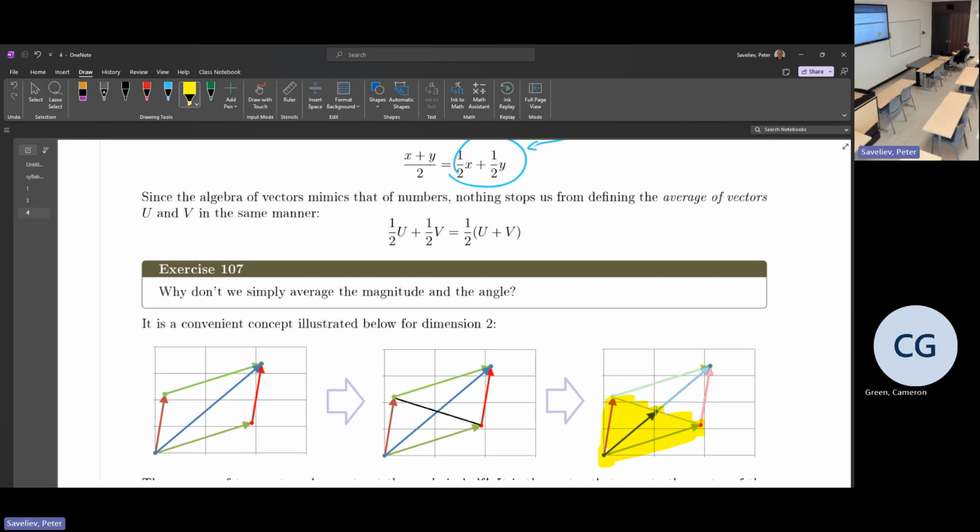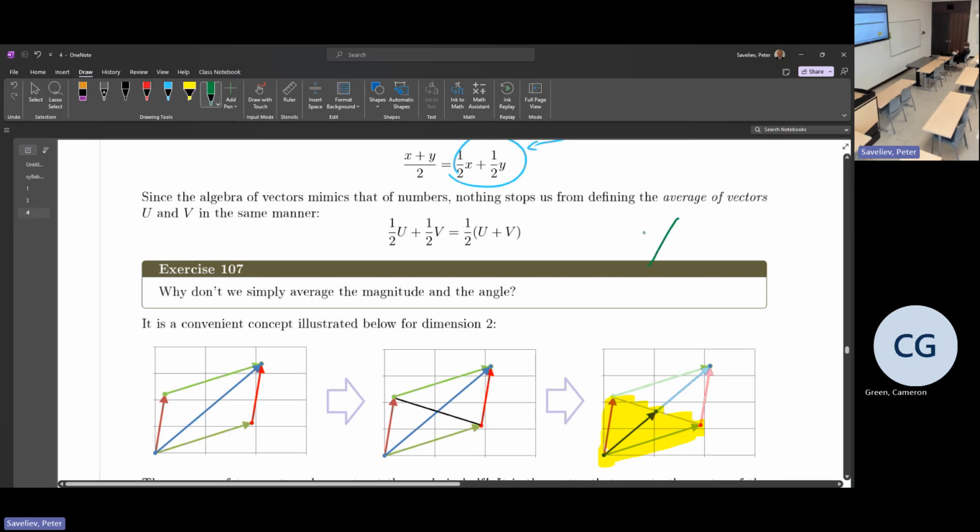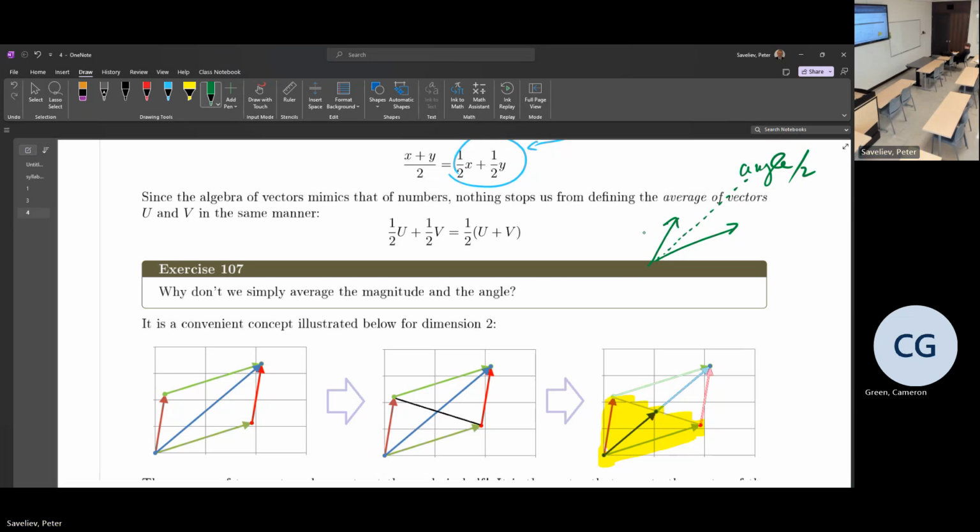And as you can see, it kind of makes sense, even though, if you start thinking about average, that's something to worry about. You have a vector like this, and you might ask, what's the meaning of the average? And you try to go halfway like this, so the angle in half between them. It would have made sense, but as you can see, that's not the case in what I constructed here. So can you see under what circumstances it would make sense to go half angle between them?